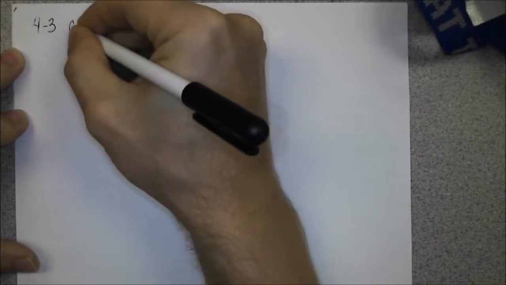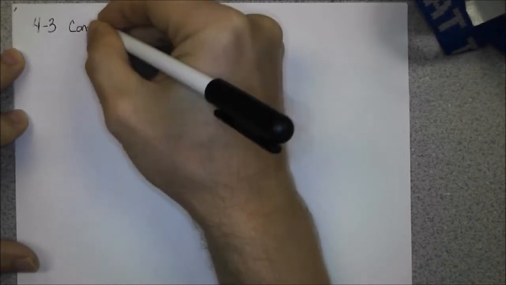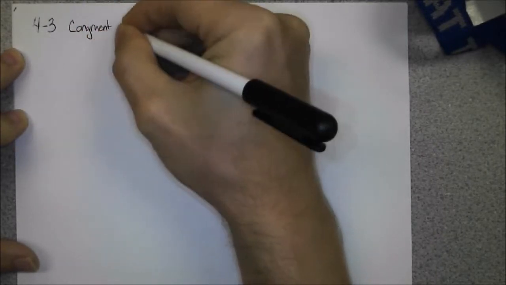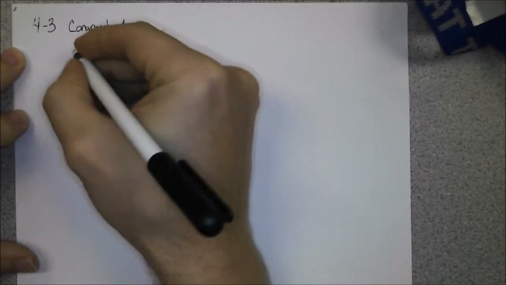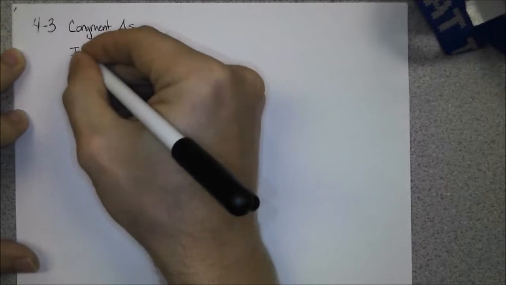All right, boys and girls, so now we're going to go over Chapter 4, Section 3, and the name of this section is Congruent Triangles. So, congruent triangles, we have a definition here. This is what the book says.